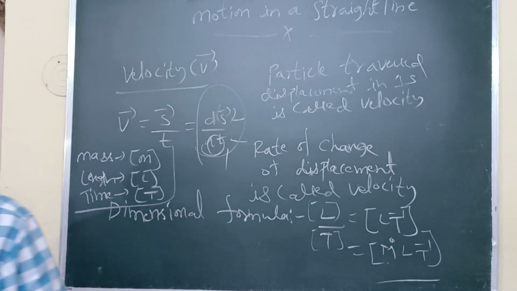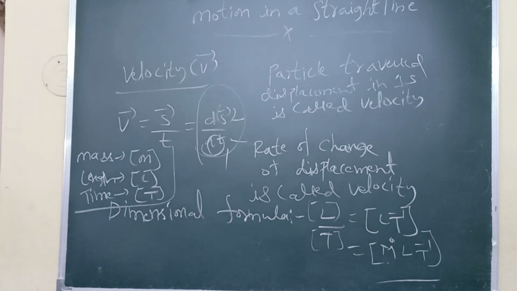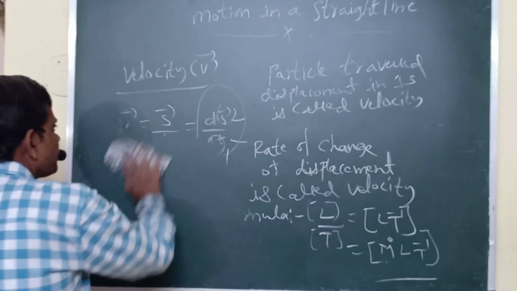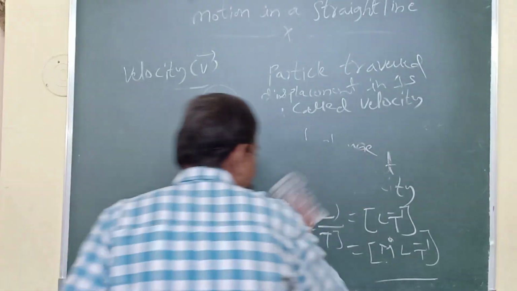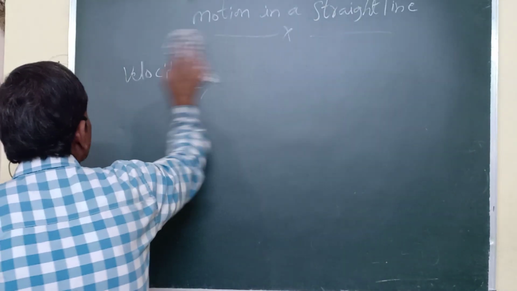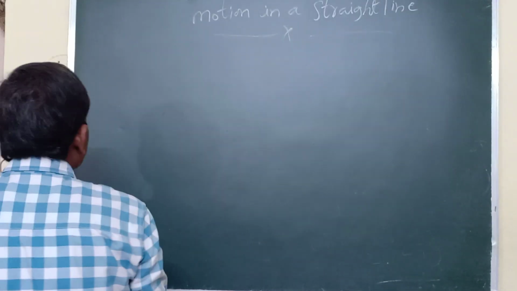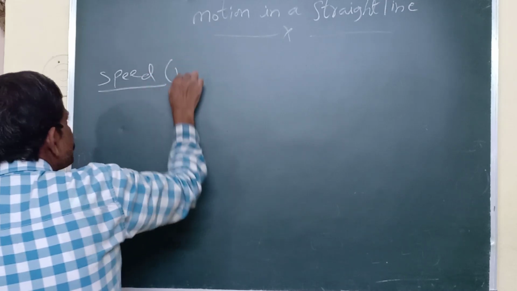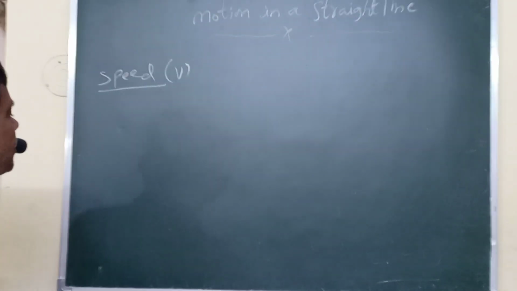Next you go to speed. Speed also denoted with v, but this is a scalar.